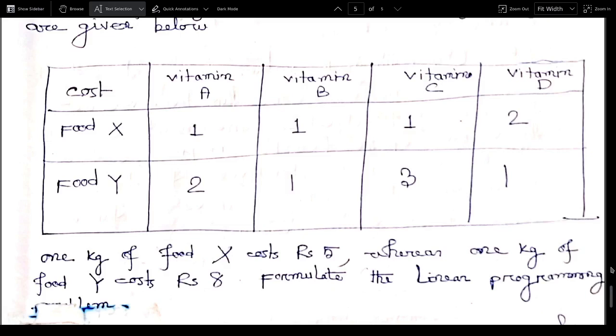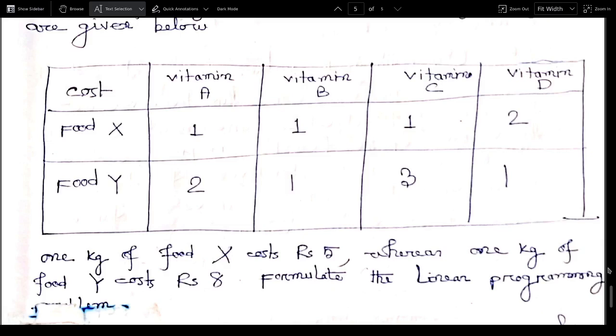Suppose one graphical method is given. You have drawn the graph. After drawing the graph, then what is the feasible region? Any point in the feasible region that gives either maximum value or minimum value, this is called the optimal.